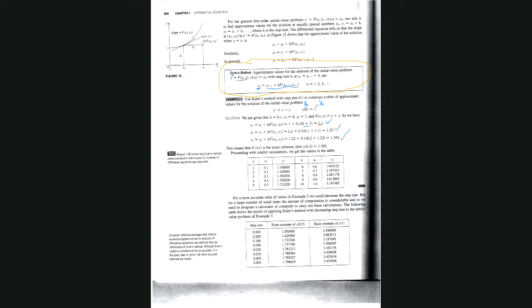So that's 0.1 plus 1.1. The 1.1, of course, is the y1. x1 is 0.1 because you're moving out a 0.1 distance from your initial x value of 0. And so you get 1.22.